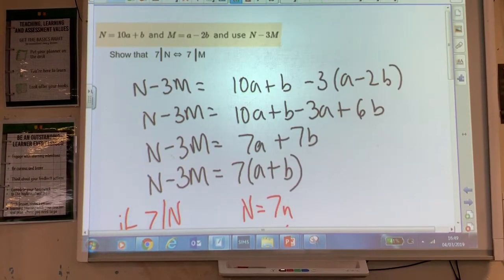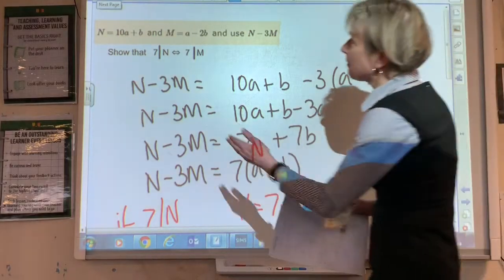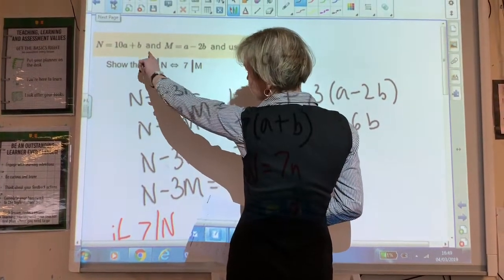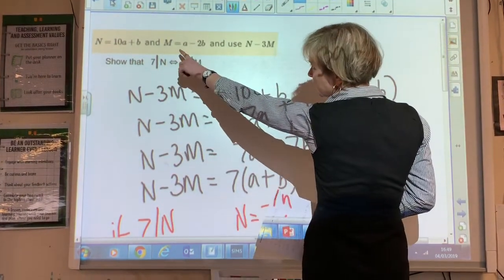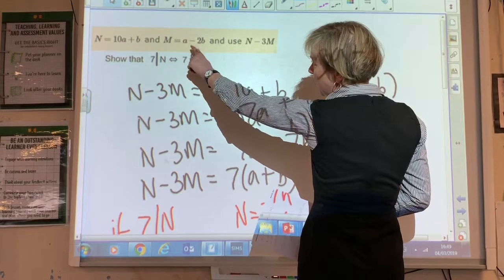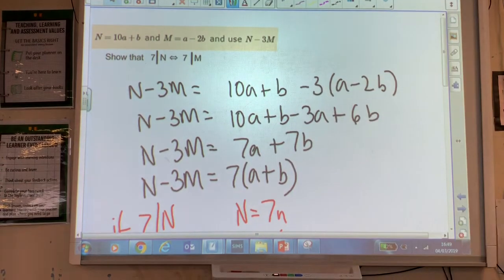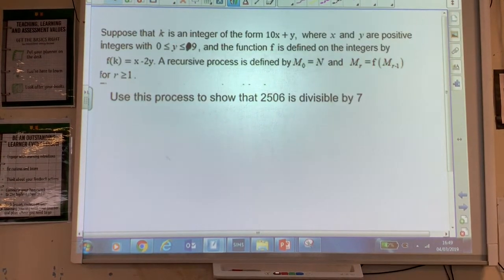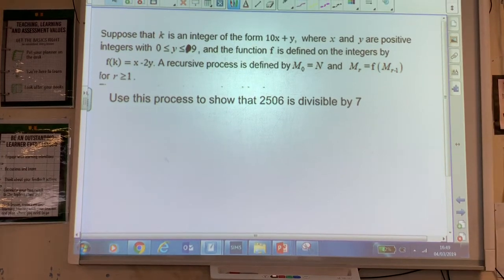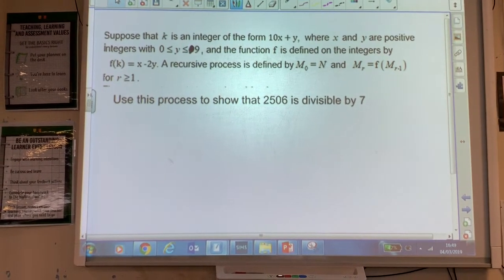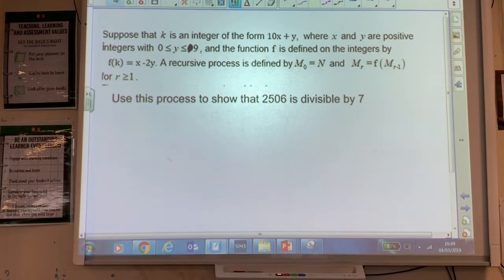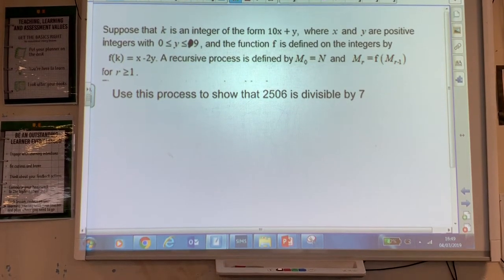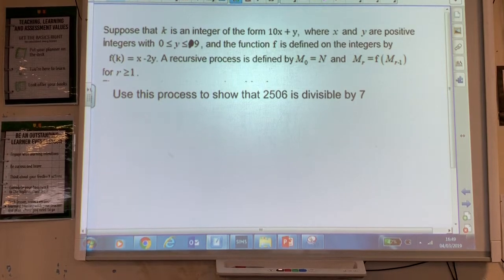We wrote the number in the form 10a plus b, and we wrote m in the form a minus 2b. Now all they've done, and you've shown that m, capital M and capital N, are both divisible by 7. So now you're going to use this iteration, and this is the new bit.